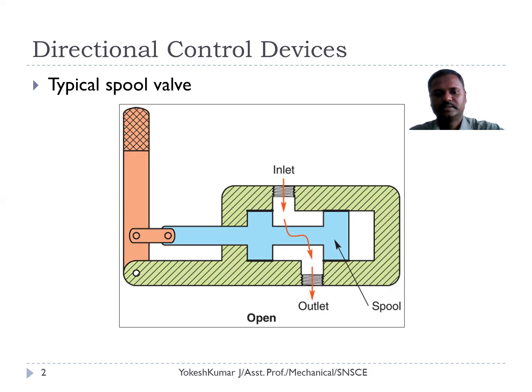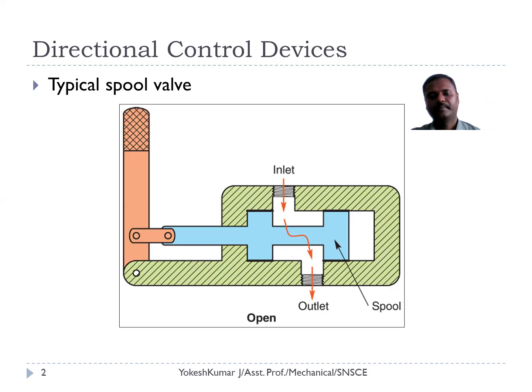So if you move the lever to the left side, the spool will move left side, as it is depicted in the figure. See the bottom of the figure, it is the open position. So the spool will move in the left hand side, which will make an opening in the inlet.